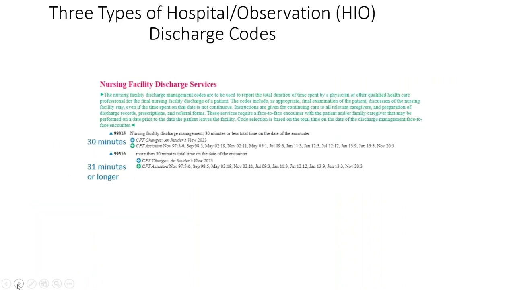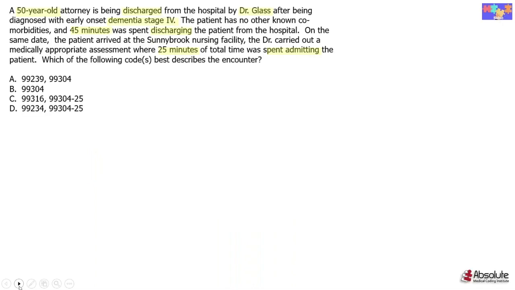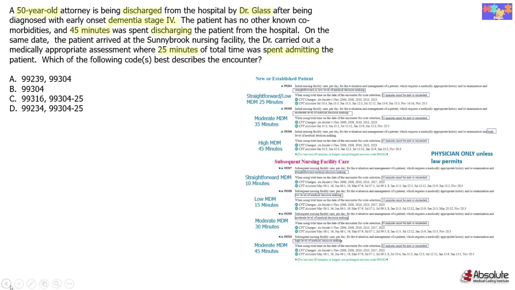And then we have nursing facility discharge services as well, which is given when the patient is discharged from the nursing facility. So these are the 3 discharge service CPT codes which we have. Now let's go ahead and solve this one.